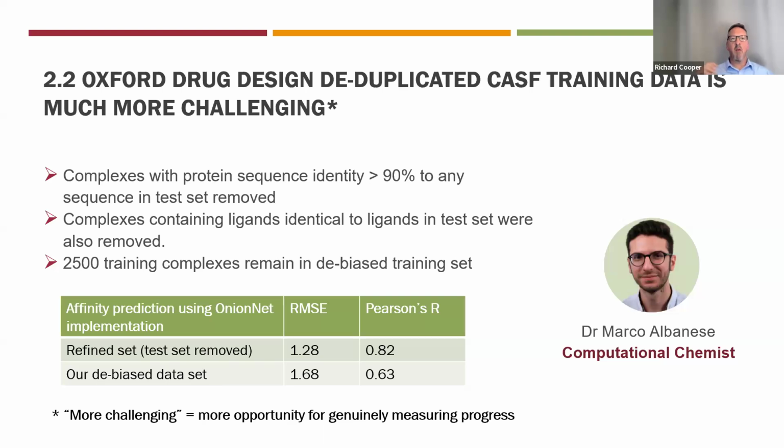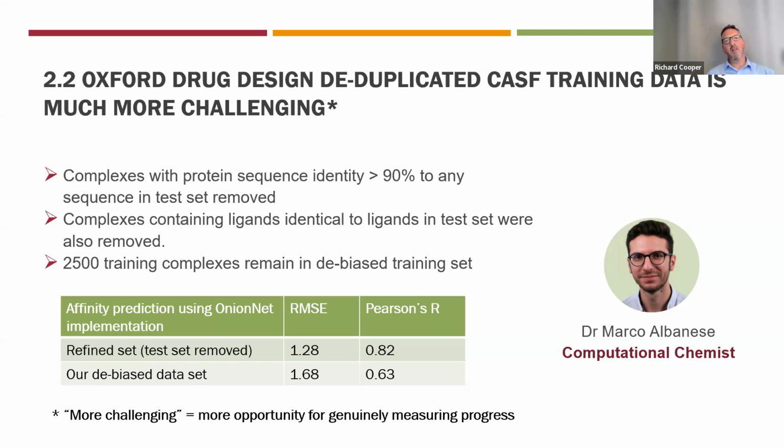And then we came up with a method. It doesn't really matter what the method is or how well it performs. We used a re-implementation of OnionNet, which was published a few years ago. But what matters is how the scores change as you go from just the refined set with the test set removed to the refined set with anything at all similar to the test set removed.